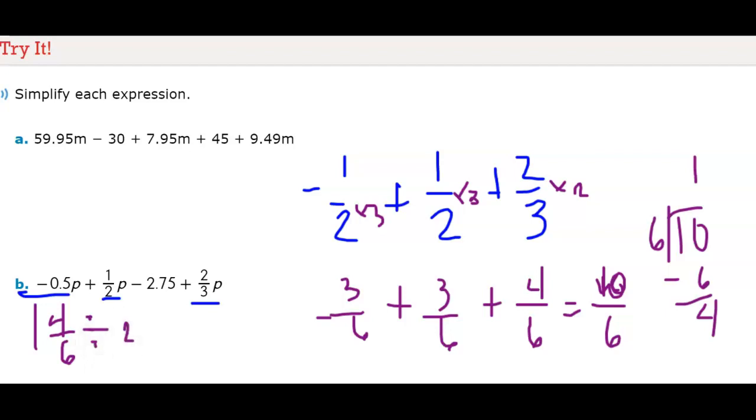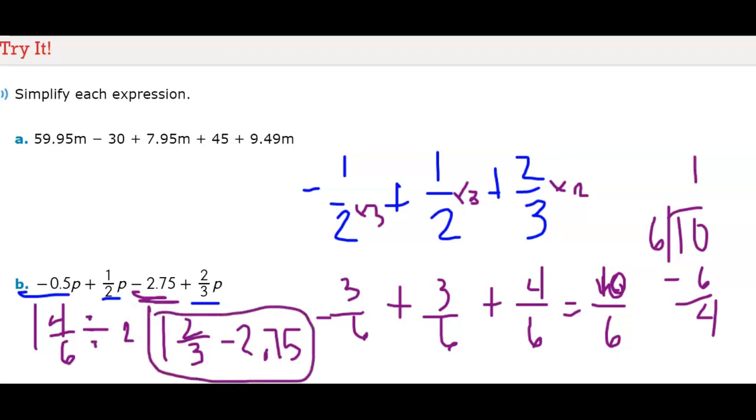So this would be 1 2/3. And then the last number we have here is the -2 75/100. And then this will be your simplified expression.